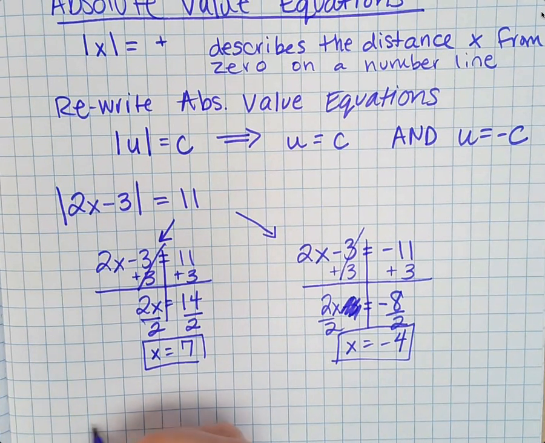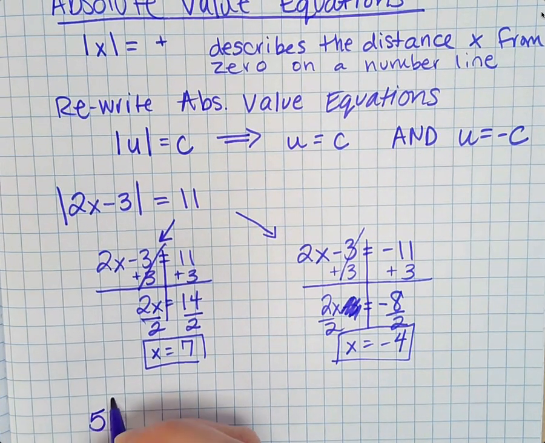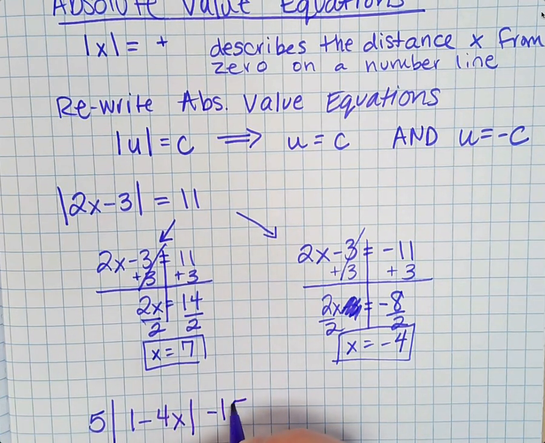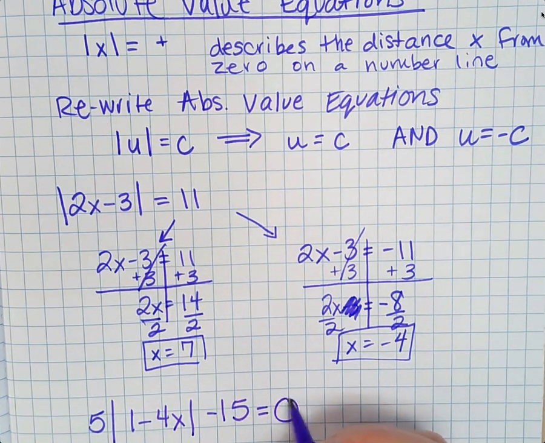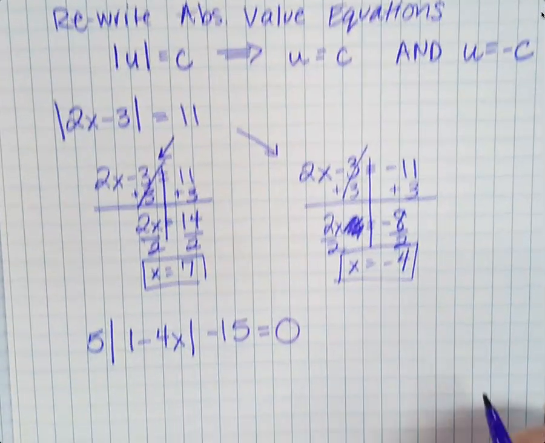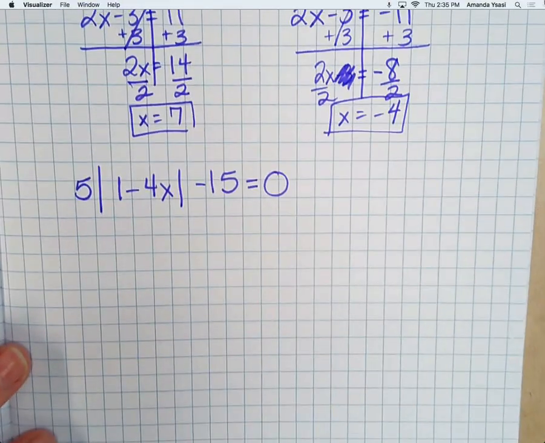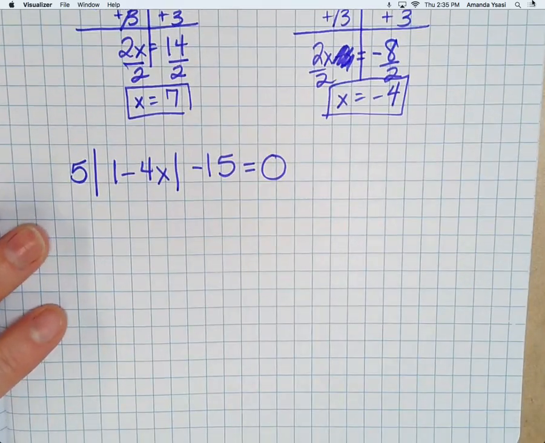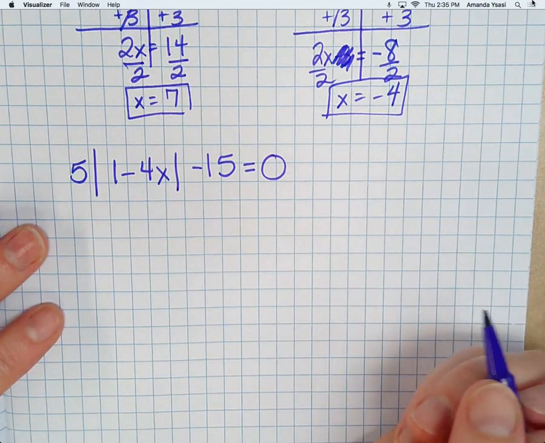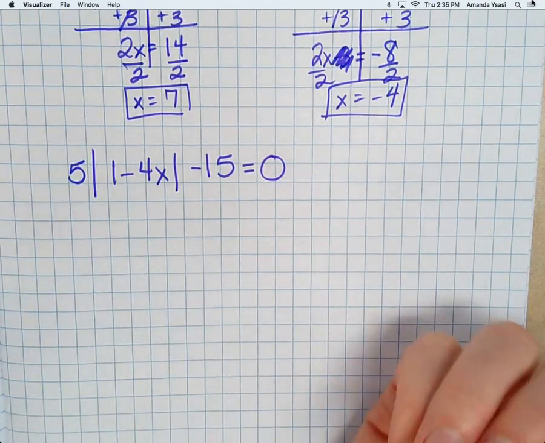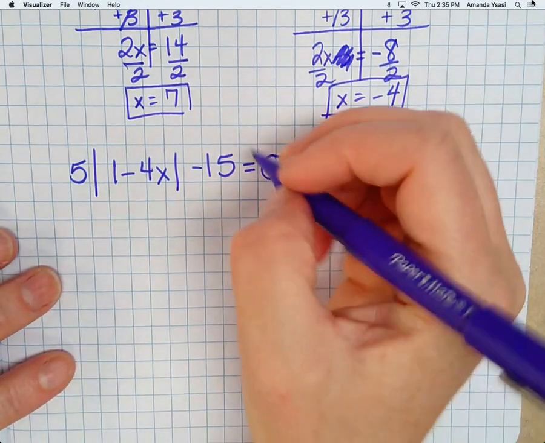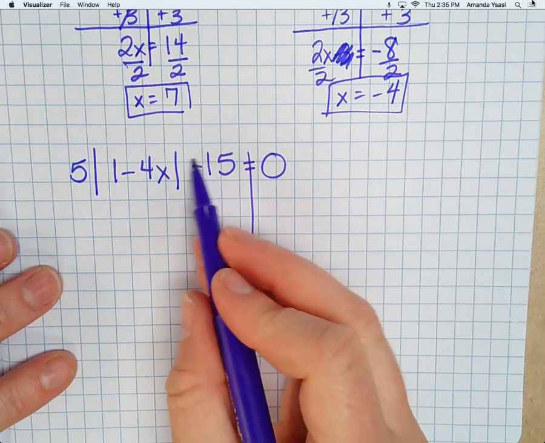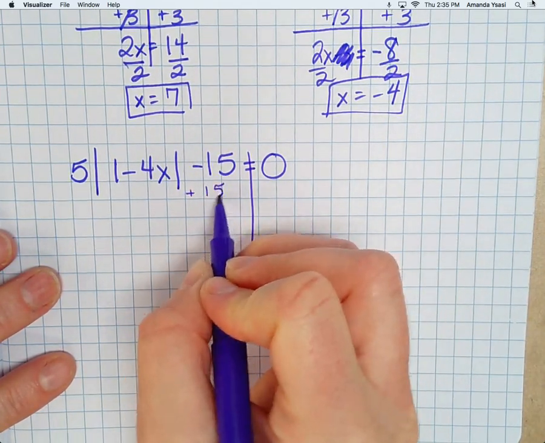Okay, let's look at another example. 5 times the absolute value of 1 minus 4x, minus 15 equals 0. So in order to solve this, you've got to isolate that absolute value. So the first thing you want to do is get rid of this minus 15 by doing plus 15.